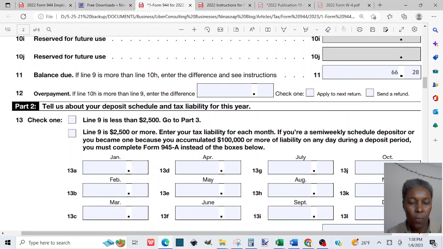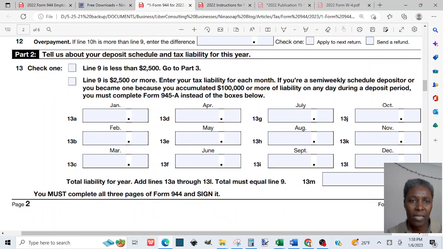So part 2, Form 944, part 2. So part 2 is asking a little bit about your business tax liability. So line 13, line 9 is less than $2,500.